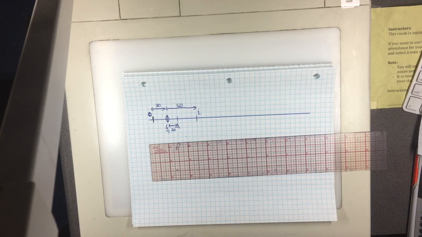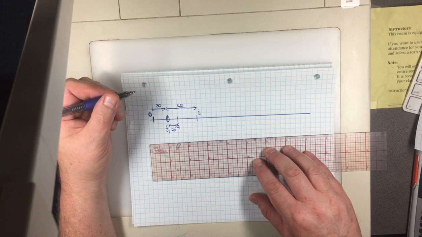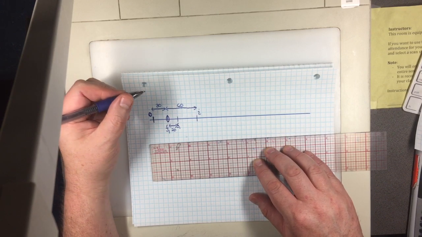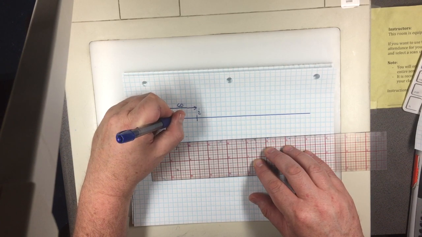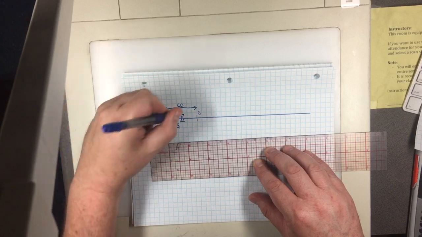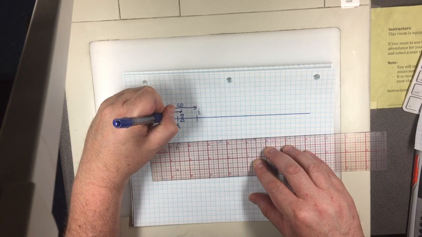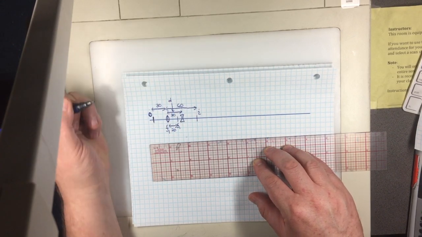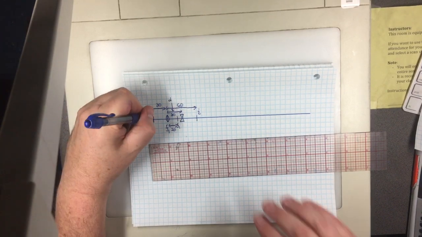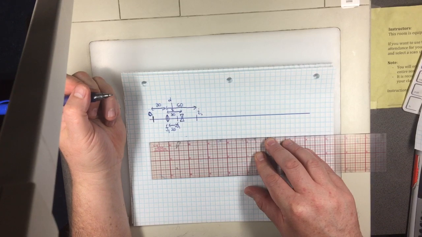What I did is I put the concave lens here, which is 30 centimeters. That right there is D. Now this is O1, that's F1, that's I1.